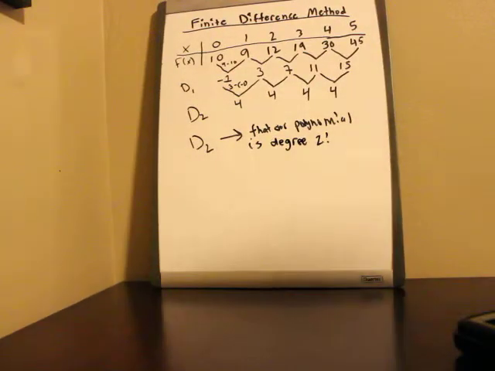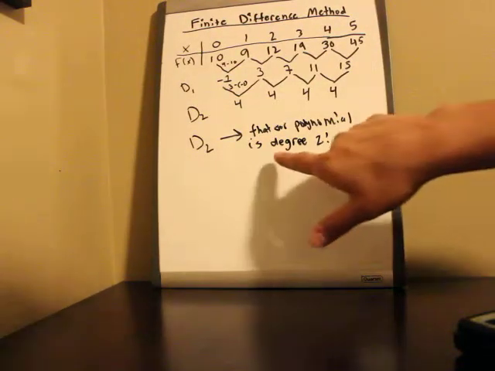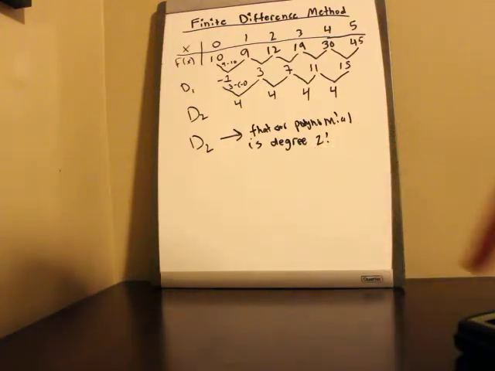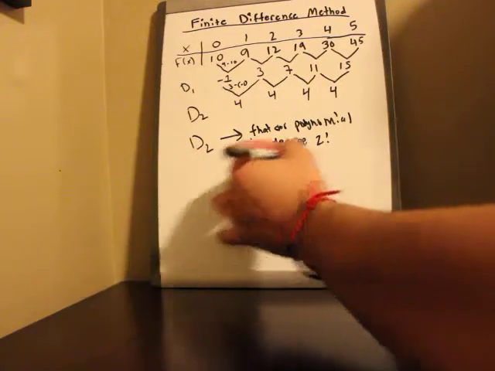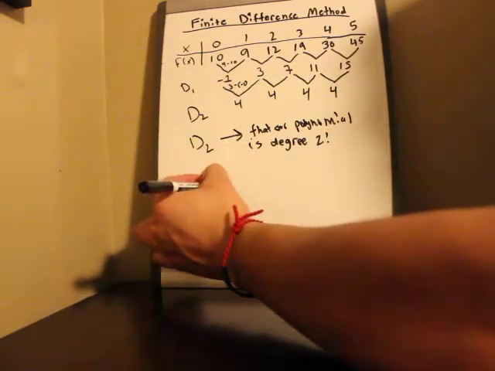So that means now that our equation is going to look like this. Remember, by definition, degree 2 means that the highest exponent is 2. If it's degree 2, it's going to be quadratic.